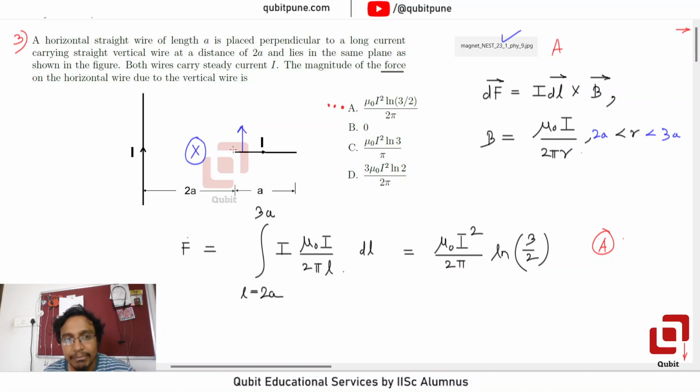Please tell me whether the magnitude of the force is increasing or decreasing as we go from 2a to 3a. How is the force distributed? Between the force at this point and the force at that point, which point will experience more force? The left one? Yes, exactly, because it is in a region where the field is stronger. So its magnitude will be larger. Correct. So if the question were, instead of finding the magnitude of the force, to find the magnitude of the moment.